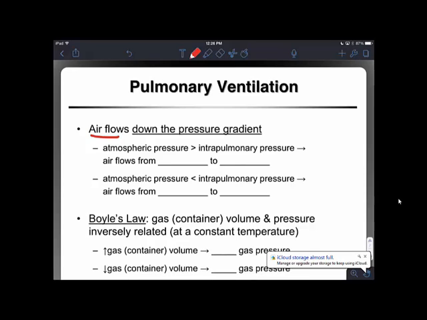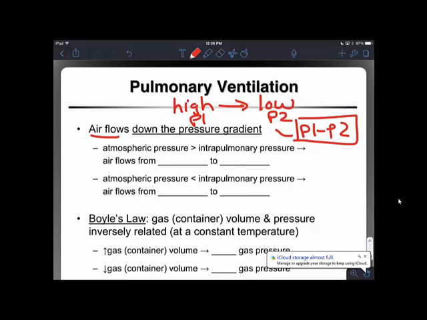Air is going to flow down a pressure gradient, so it's always going to flow from an area of high pressure to an area of low pressure. That high pressure is P1, the low pressure is P2, and the gradient is P1 minus P2. And as with blood, the bigger the gradient, the faster the air is going to flow.